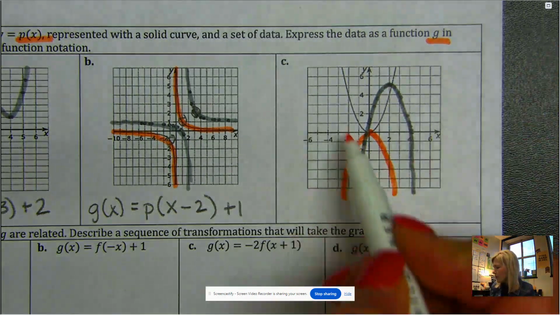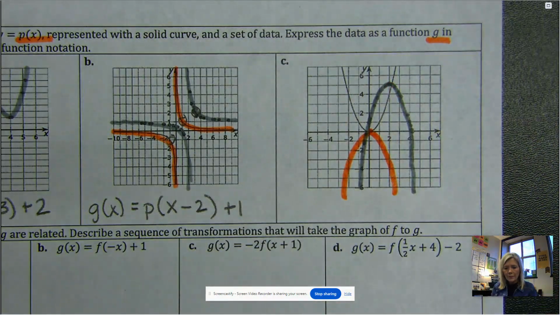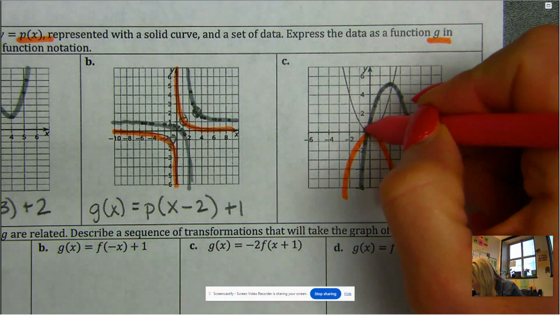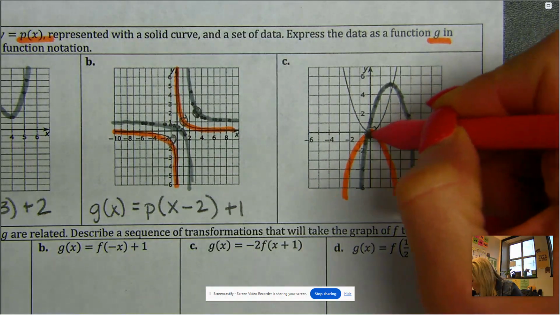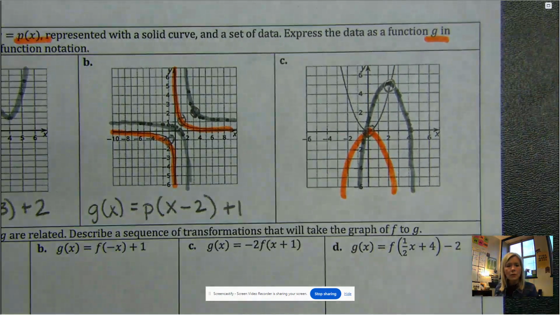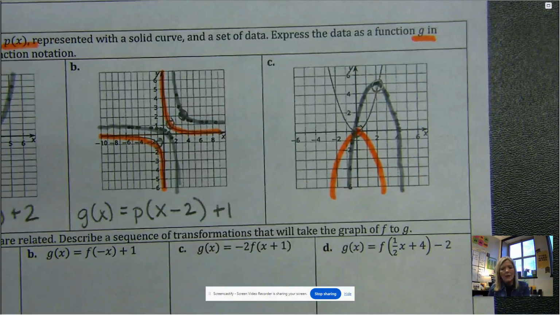And then I can focus on moving this point up here to this one. So it looks like I'm going from 0, 0 up to 2, 5. So that's to the right by 2 and up by 5, and a reflection over the x-axis.